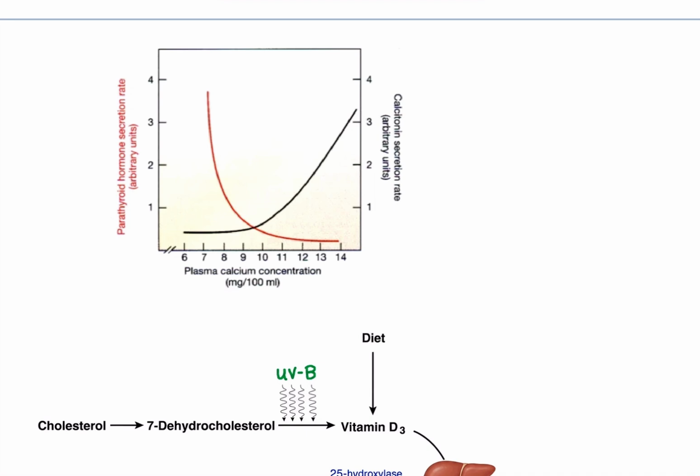So you can see here on this graph, calcium levels are typically maintained at around 10 milligrams per 100 milliliters within the blood. And if calcium levels drop too low, so 10 is going down to 9, 8, 7 milligrams per 100 milliliters, that gland will increase the rate that it produces the hormone called parathyroid hormone.